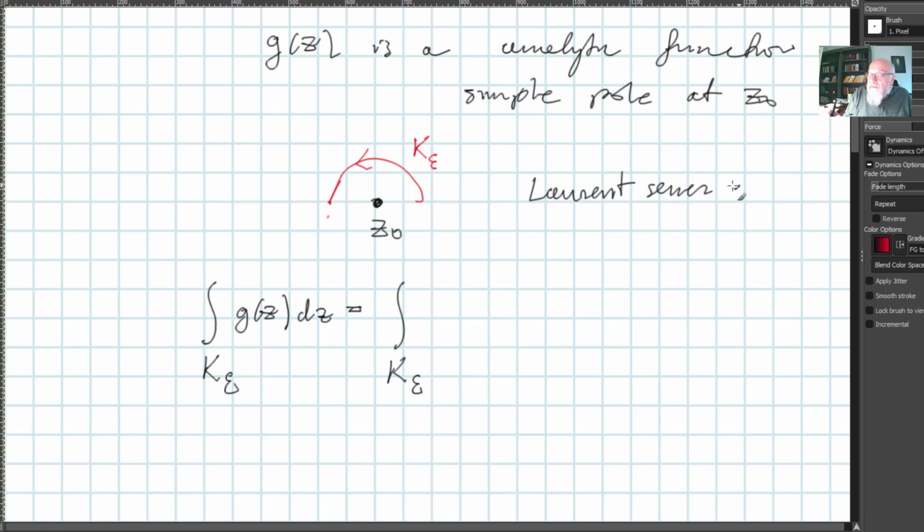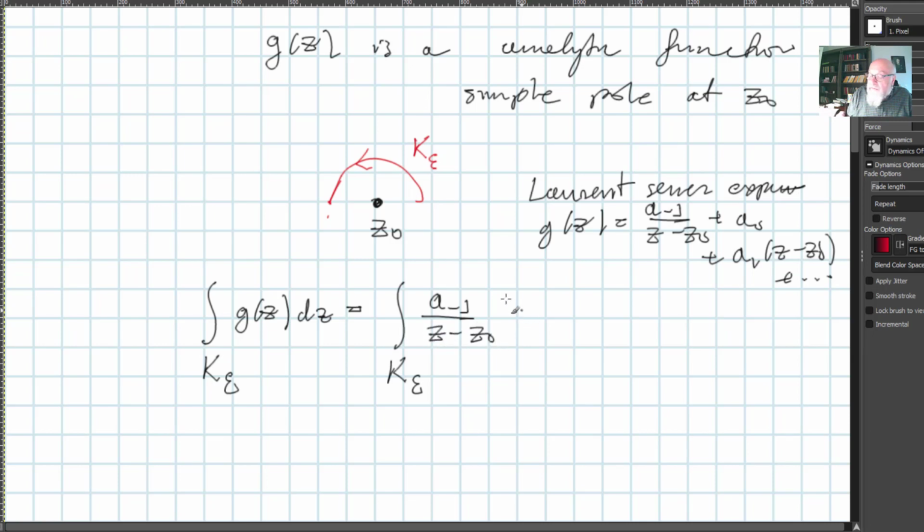Since this is a simple pole, g of z starts with a minus 1 over z minus z0, plus a0, plus a1 times z minus z0, and so on, dz.